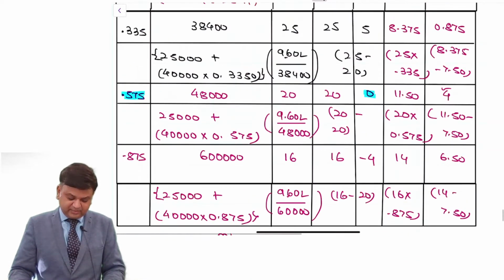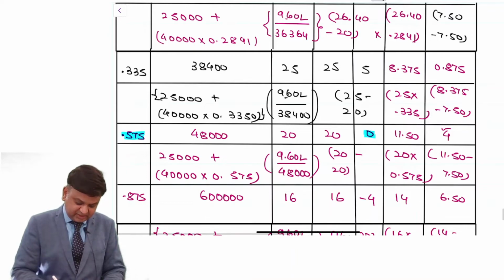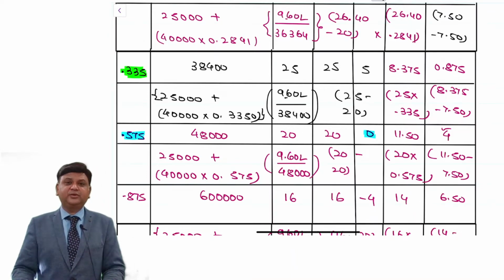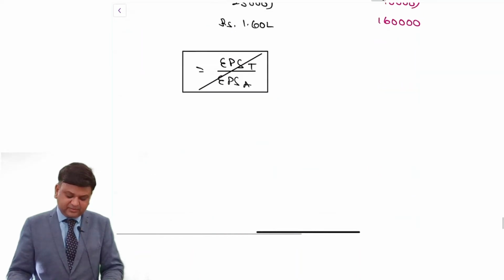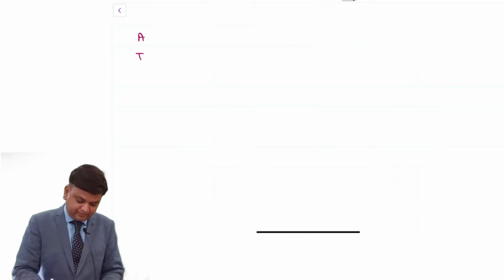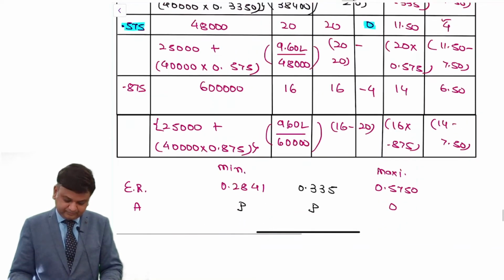So let us see how the profit is bifurcated at 0.335, the exchange ratio. Acquiring company has a profit of 5 and the target company has a profit of 0.875 rupees per share.